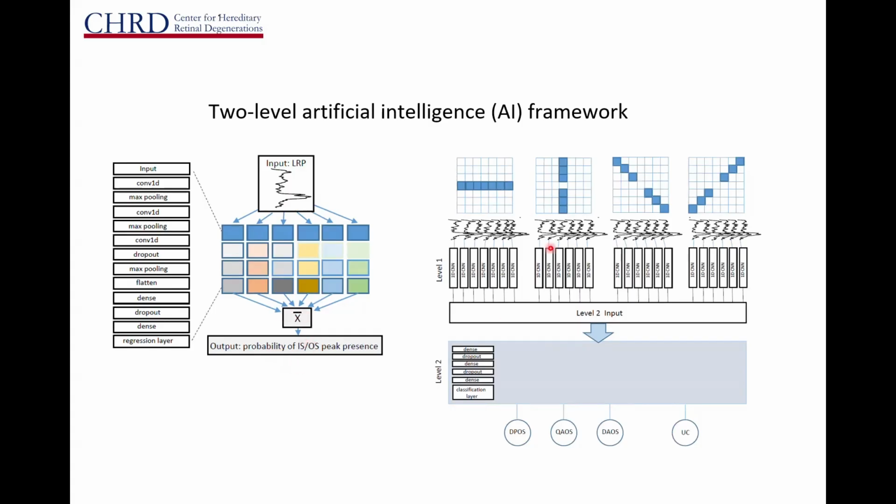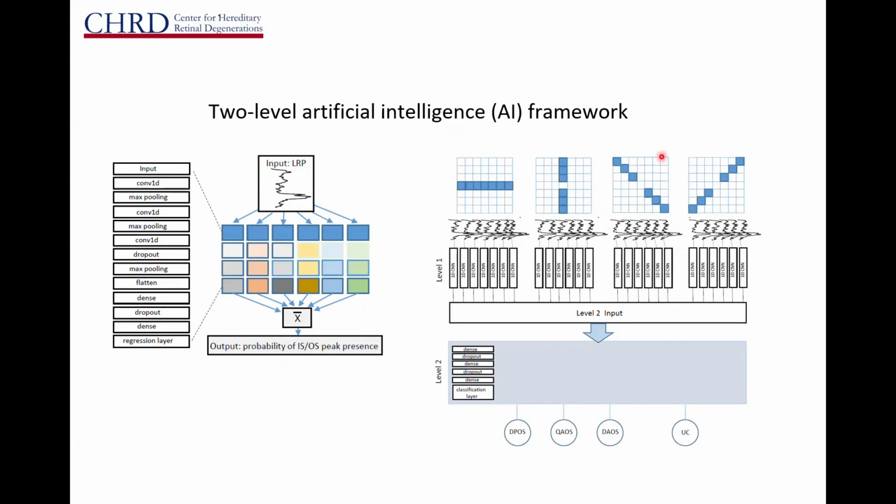This probability input, in a spatial region around the center point, is fed into a second-level artificial intelligence network, which is based on a multi-layer perceptron, MLP.